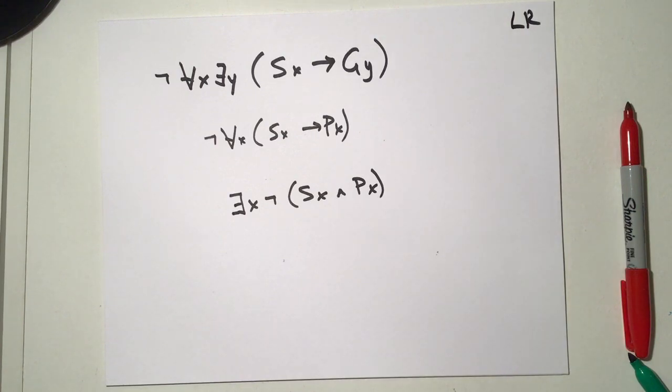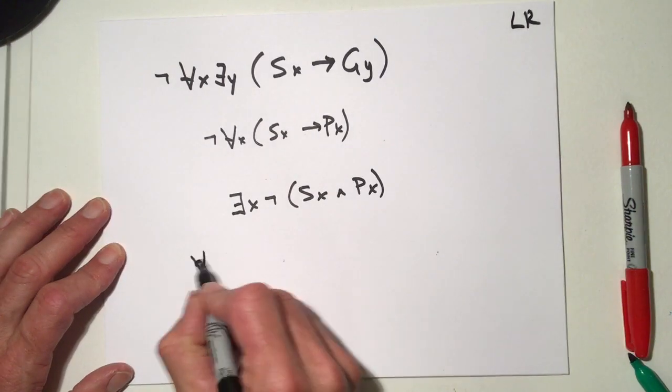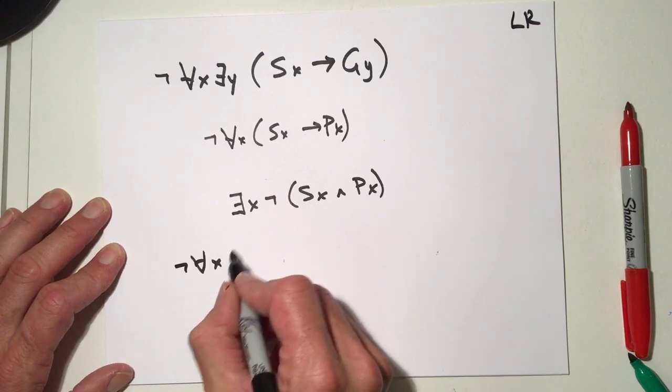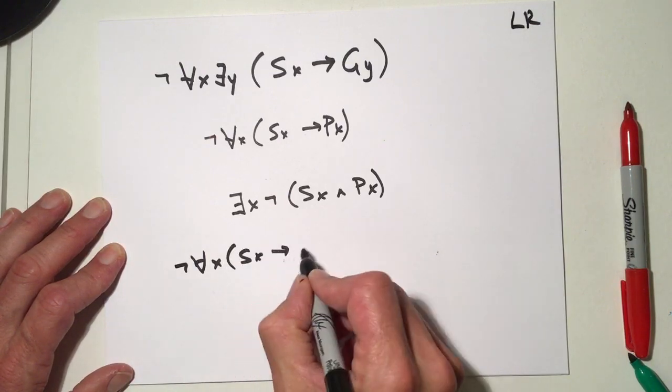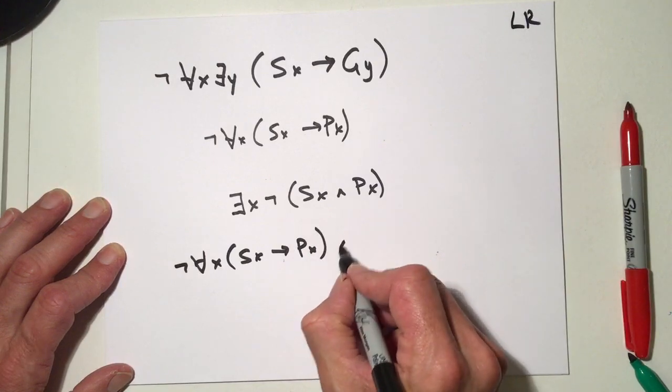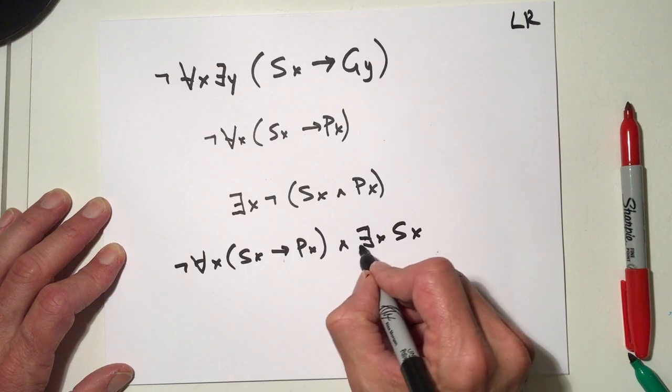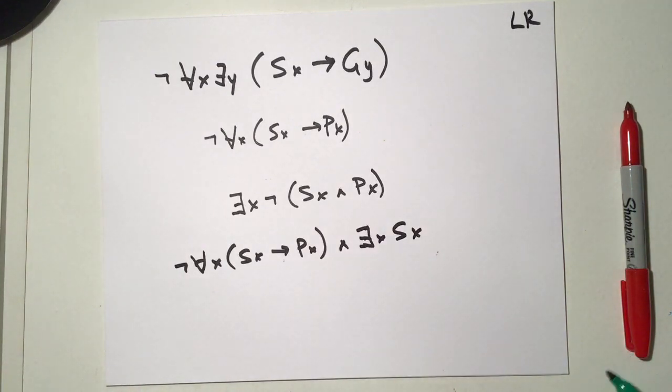Let's maybe have one more. Sorry, we need one more example. Suppose we have for all x, it's not the case that for all x, Sx then Px, and there is an x, Sx. Okay, so now, our rule of thumb, you might have to look back at your notes, if you're taking notes.